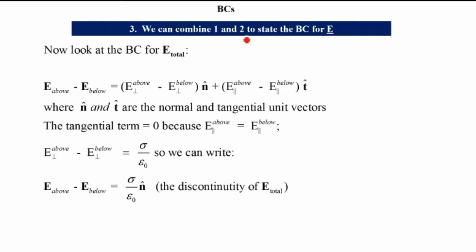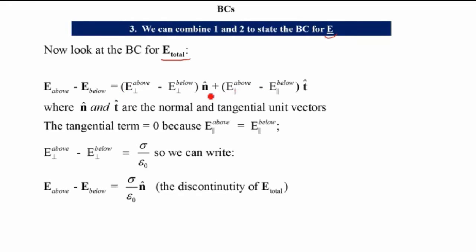When we combine them, we can state the boundary condition for the total E vector. So we're looking at the boundary condition for this E total. If we look at E total, then it's interesting to look at the difference between the E above and the E below, the total values of these quantities. So these are vectors. Well, we can break those down in terms of the perpendicular component and the parallel component.